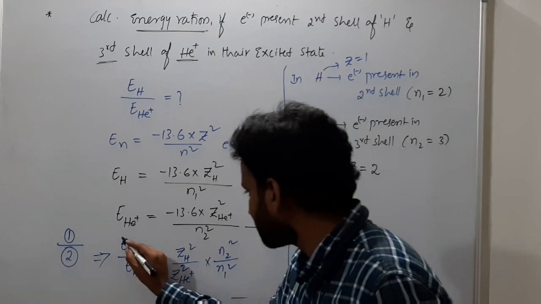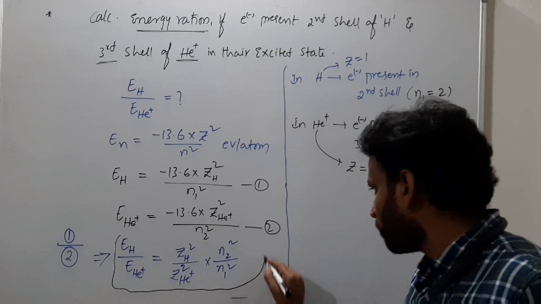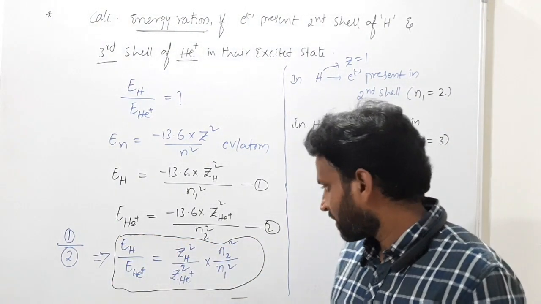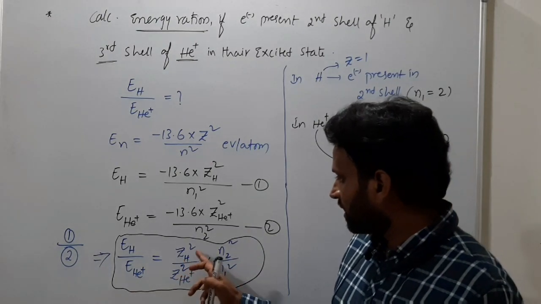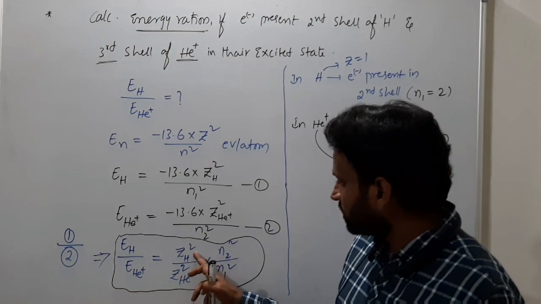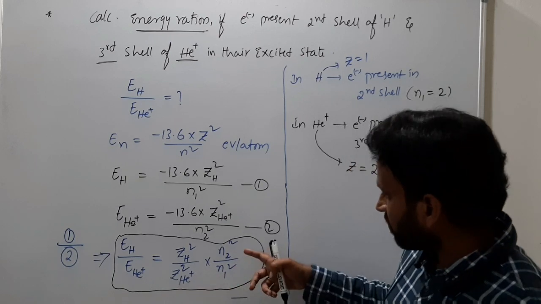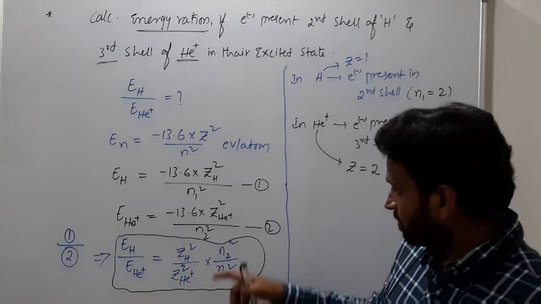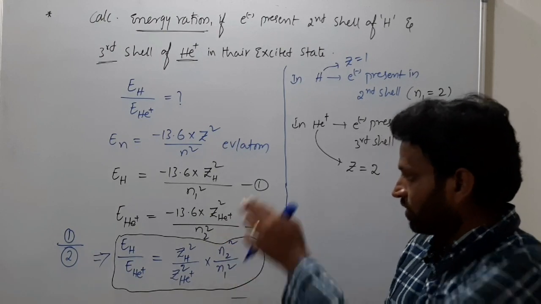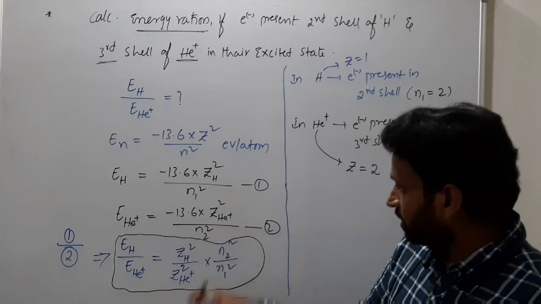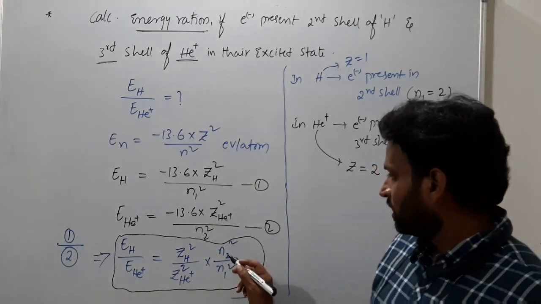Please remember this formula: for 2 atoms, if they are asking with different shells, then Z1 square by Z2 square into n2 square by n1 square. Why n2 by n1 here? Because the denominator goes to the numerator.